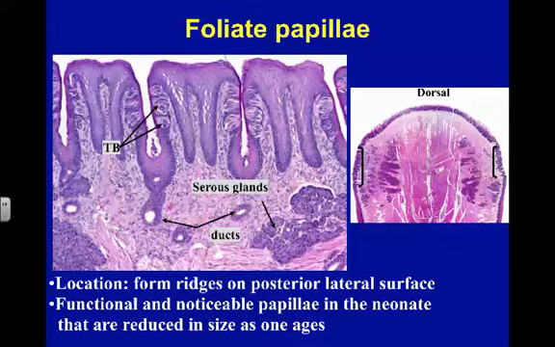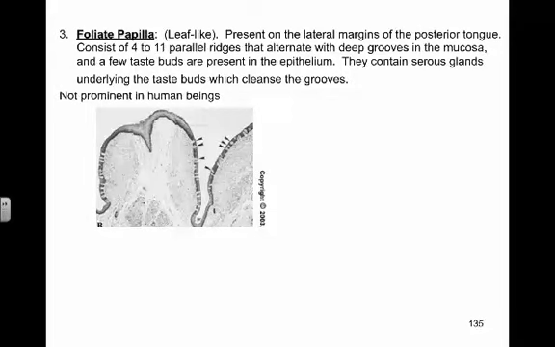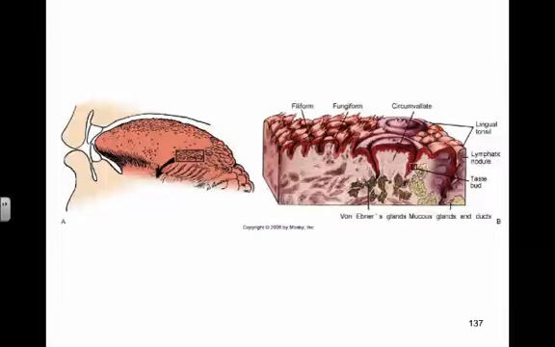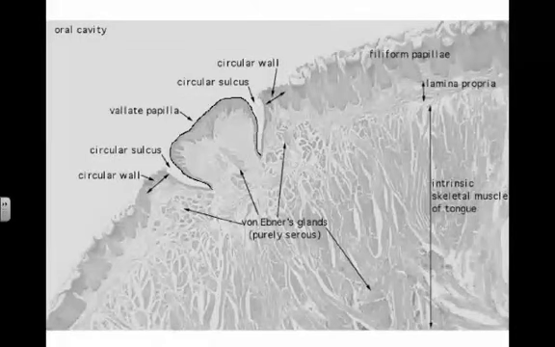The foliate papillae decrease as you get older. Again, not really prominent in humans, but there are some. Circumvallate papillae are huge papillae. Here you'll have von Ebner's glands, and they could have up to 100 different taste buds, and they are serous, obviously.